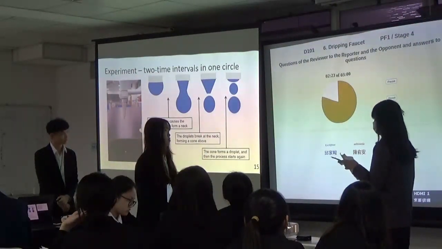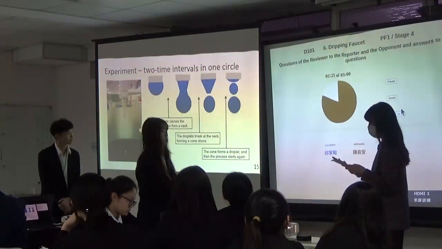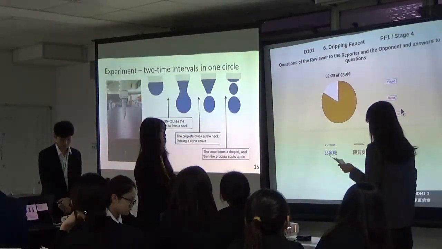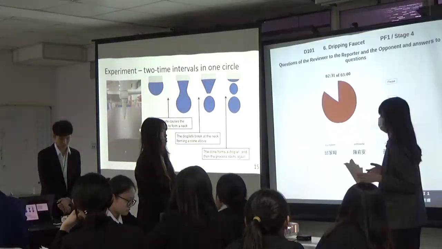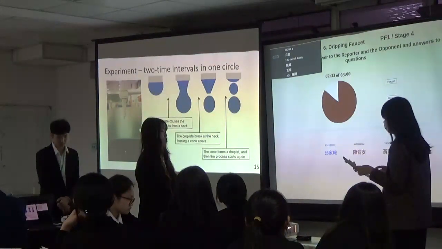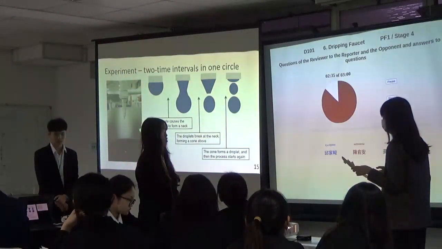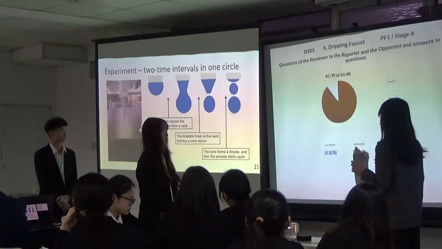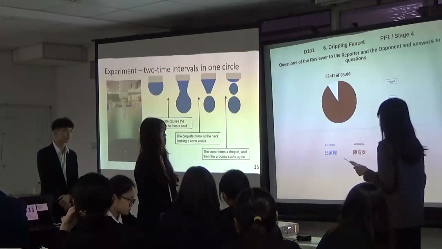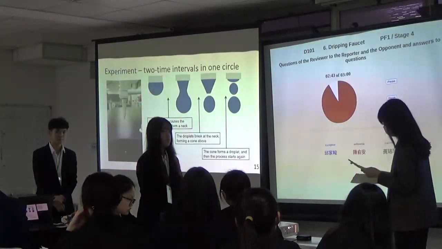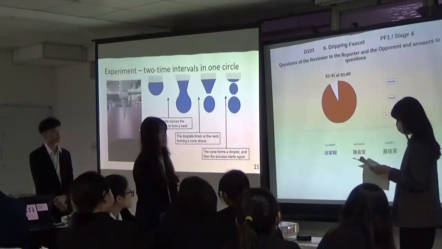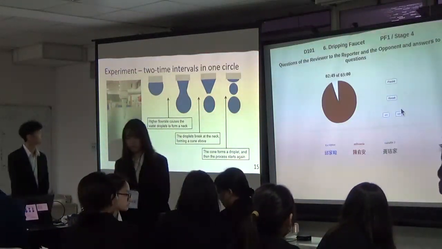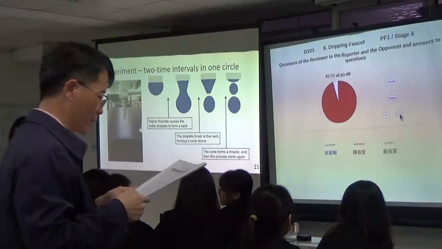And I want to ask the reporter and the opponent, what reason do you think that the previous drop gives the impact to the next drop? I think it's the vibration. And I think it's the flow rate. Okay, thank you. Now preparation of the reviewer.